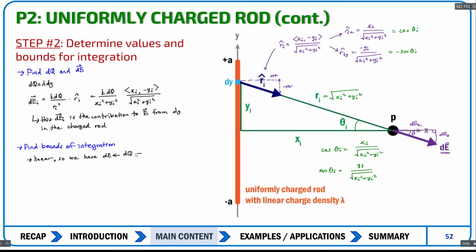So dq is dependent upon dy, and so now we found our bounds for integration. We have to look at dy, and we know that dy goes from negative a to positive a. So that means we integrate with respect to y from negative a to positive a, which would be the total length.